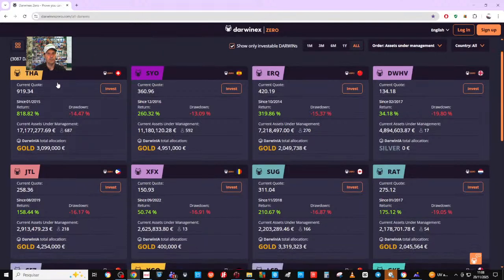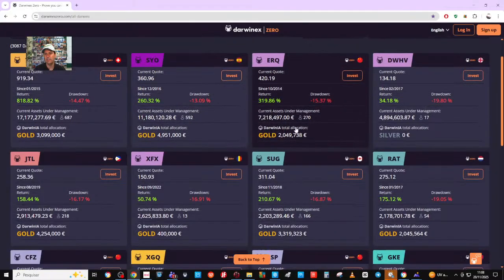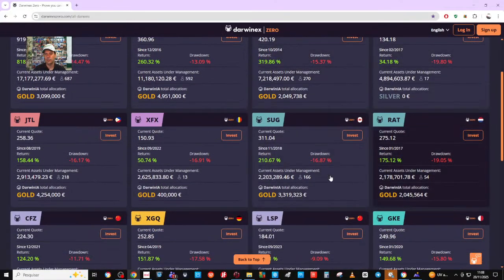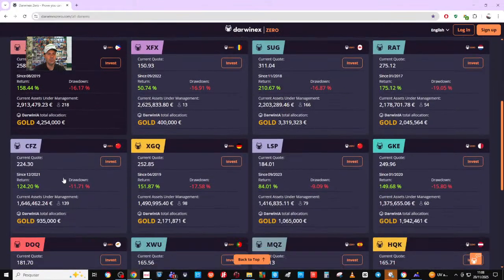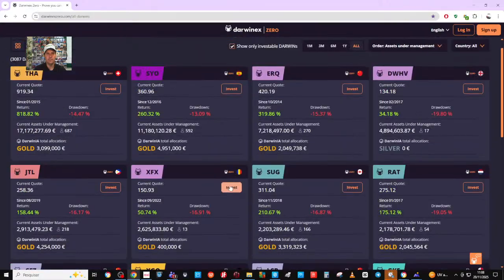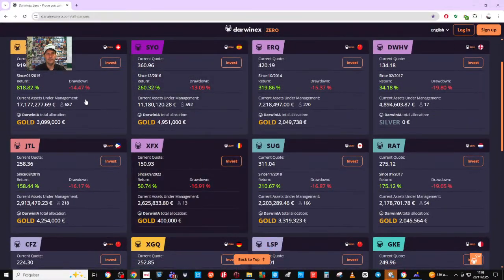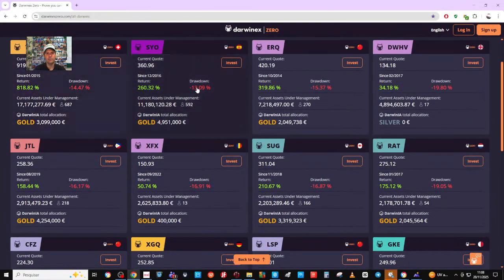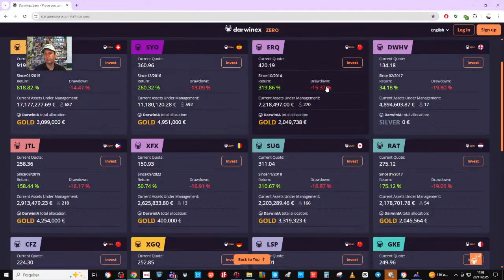Alright, the first one is managing 17 million euros. This one is managing 11 million euros, 7 million, 4 million, 2 million, 2 million, 2 million, 2 million, 1, 1, 1. Okay, 14% drawdown, 13% drawdown, 15% drawdown.